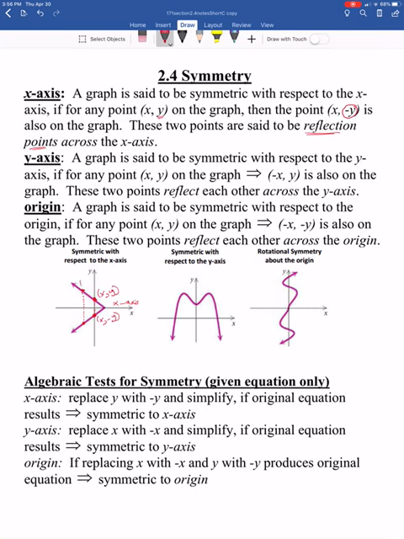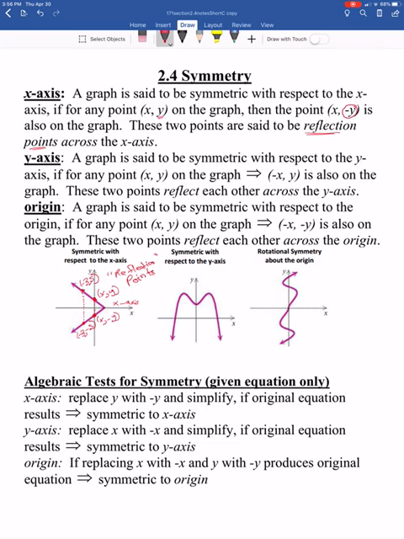For example, if that was (negative 3, 5), this would be (negative 3, negative 5). Those are what we call reflection points, and that must hold true for all ordered pairs. So we can use our points to prove our symmetry.